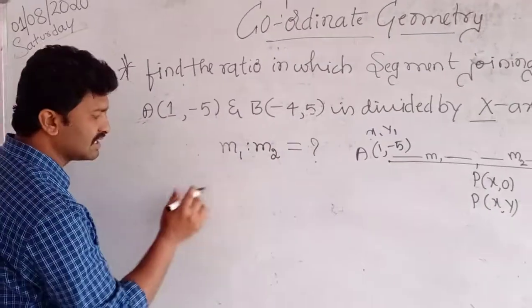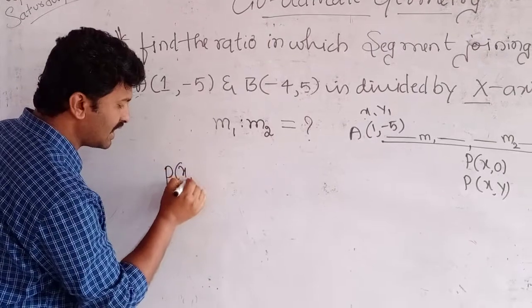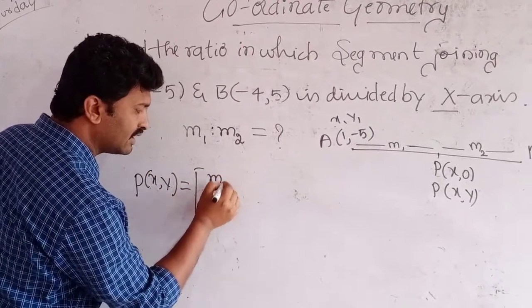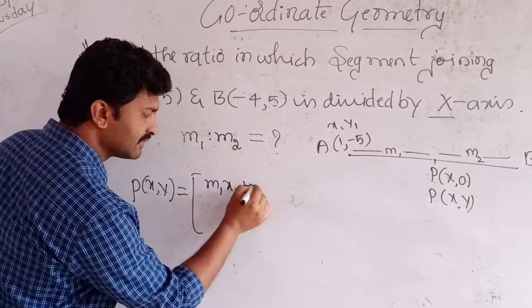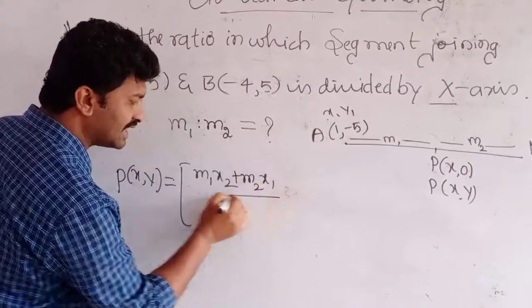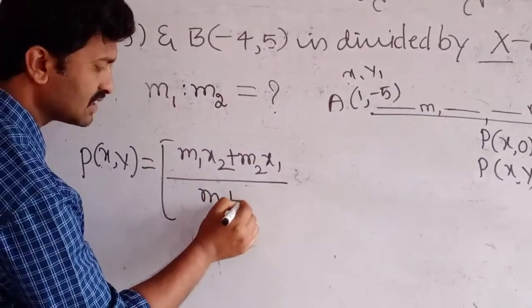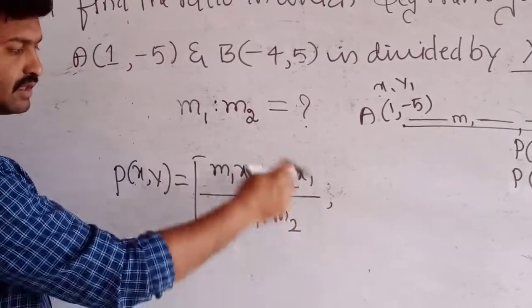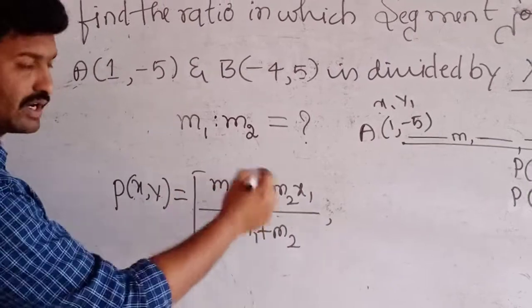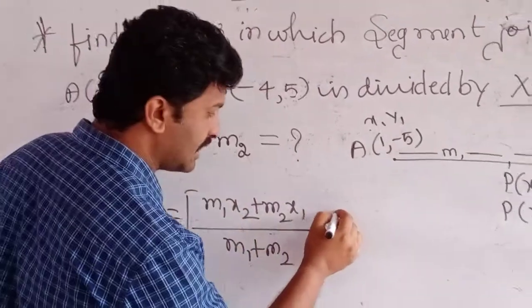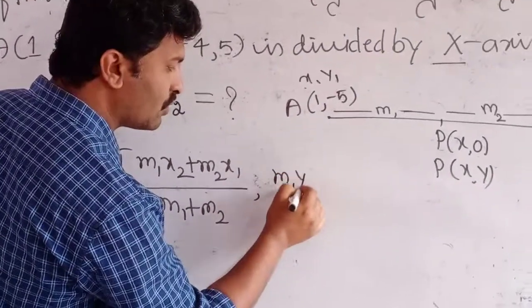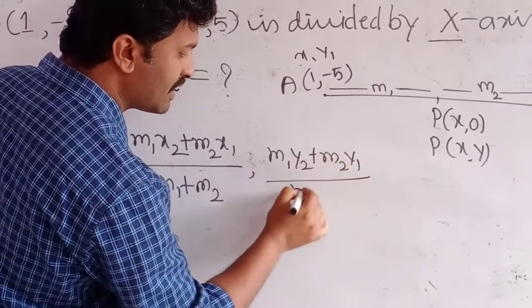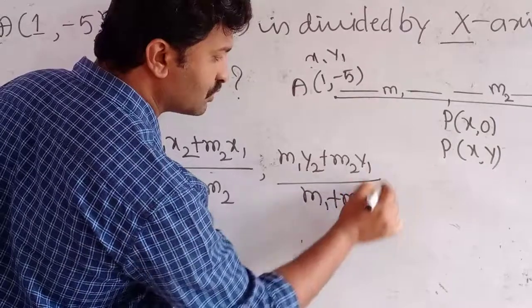I will write the section formula: P(x, y) equals (m1 x2 + m2 x1) divided by (m1 + m2), this whole term is the x coordinate, and (m1 y2 + m2 y1) divided by (m1 + m2).